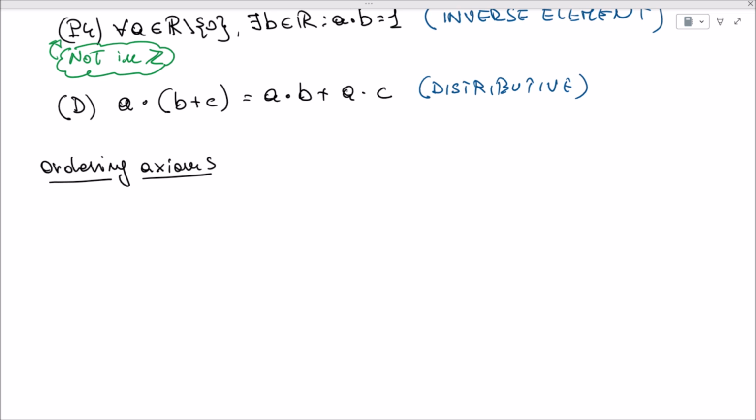Okay, so the ordering axioms are related with the ordering relation larger than or equal. This is the sign which has the following properties.